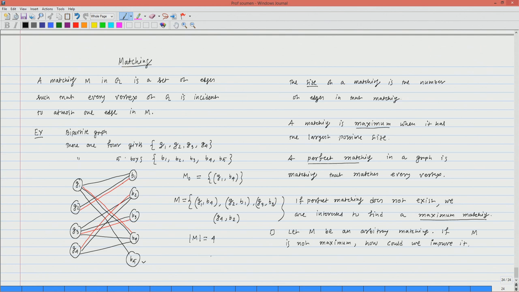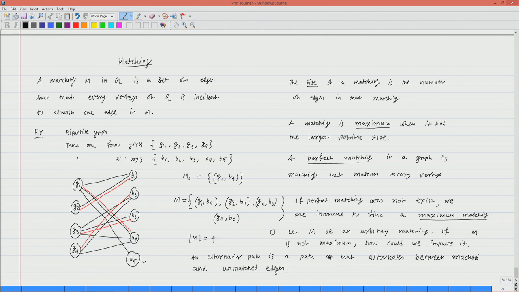One is called alternating path, and an alternating path is a path that alternates between matched and unmatched edges.